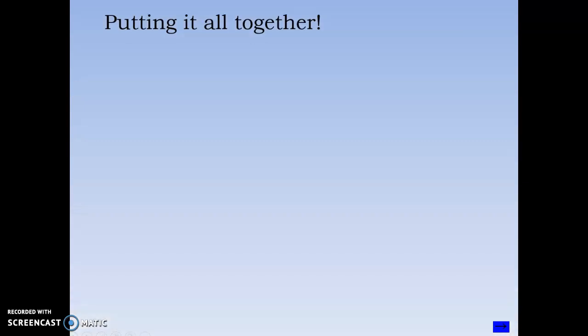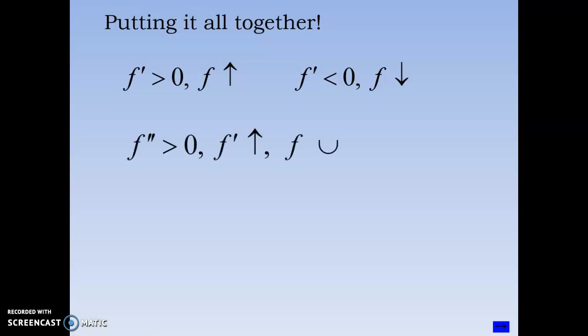So putting all these ideas together, we can come up with some shortcuts. When the derivative is positive, the original function will rise. When the derivative is negative, the original function will fall. We can also say that when the second derivative is positive, the derivative curve will rise and the original function will be concave up.